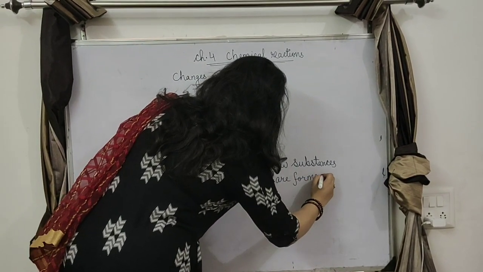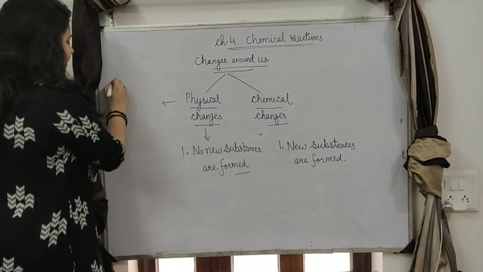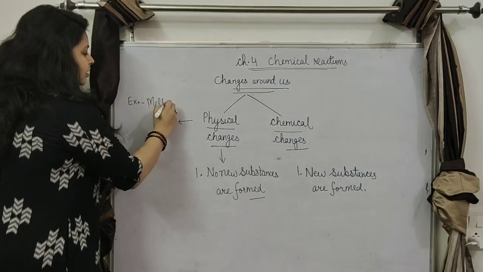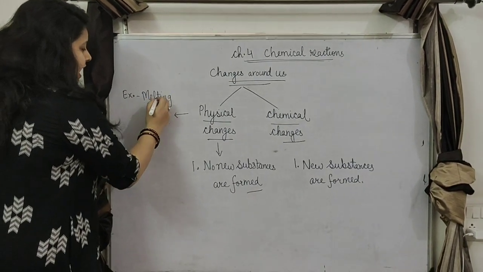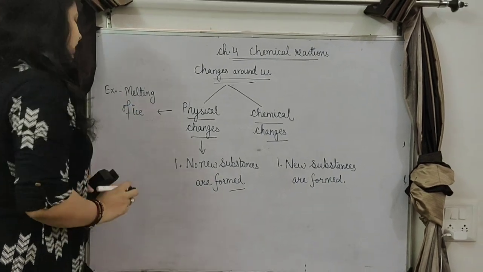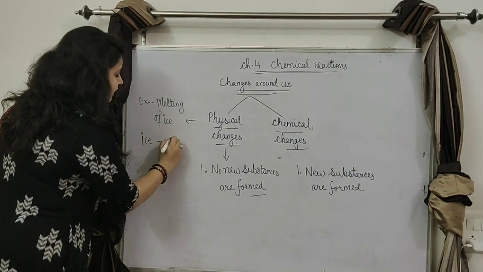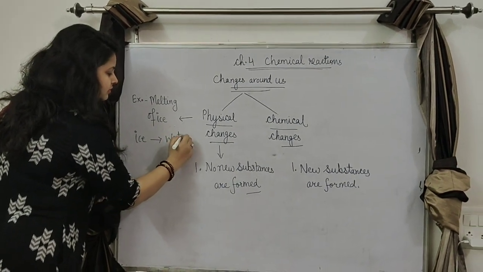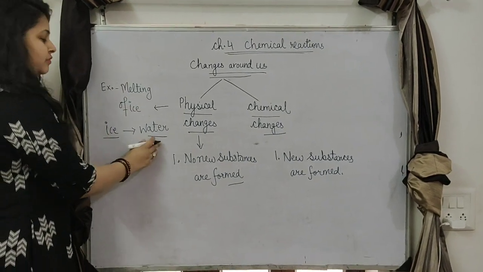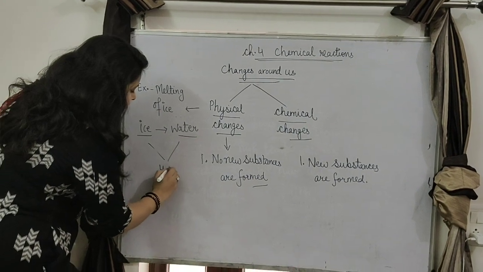Let us take example. For physical change, we can take example melting of ice. So in this case, first we are having what? Ice. It is converted into water. And students, both ice and water are made up of what? H2O molecules.